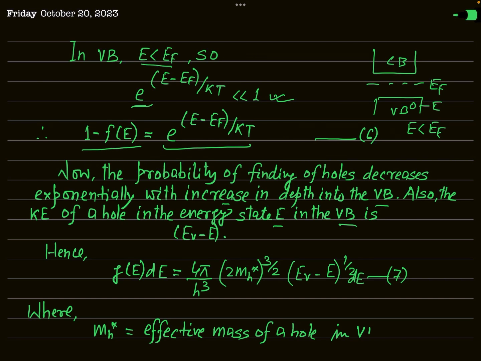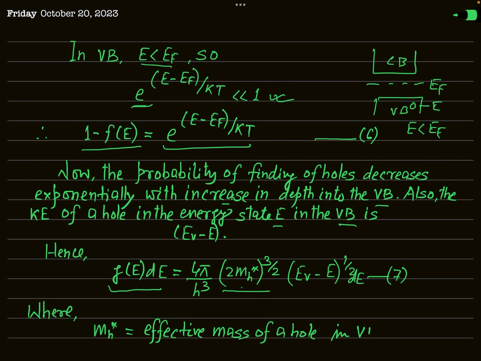Now we will talk about the density of states. The well-known formula for density of states will be applied here after making two changes. The expression for g(E) dE is given as 4π over h cubed times (2m) to the power 3/2.